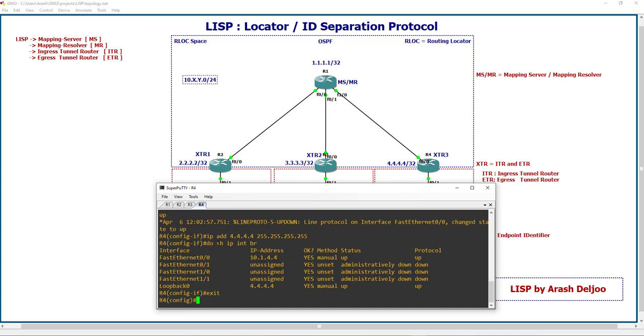Very good. Now we need to configure connectivity between these routers. For example, because R2, R3, and R4 are spoke routers, we can configure only one default route in router 2, router 3, or router 4. Or if you want, you can configure some method of routing.